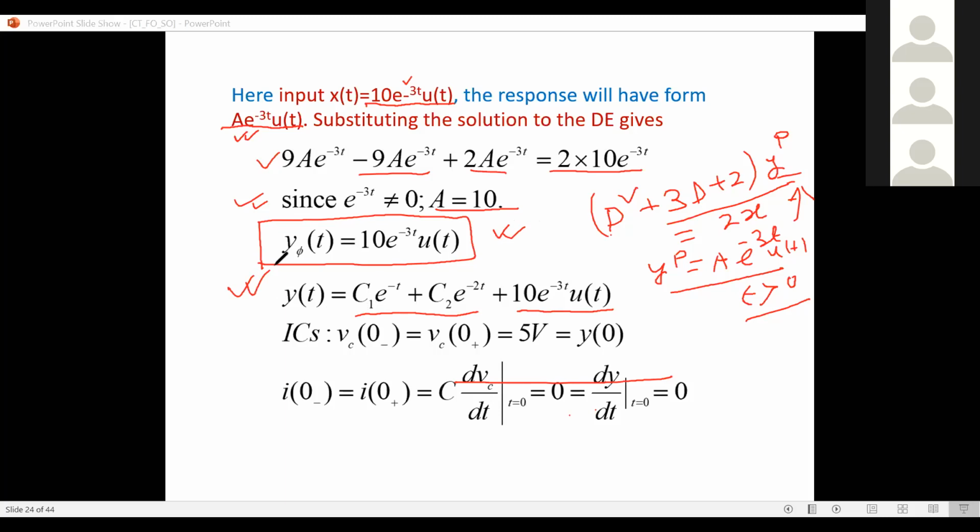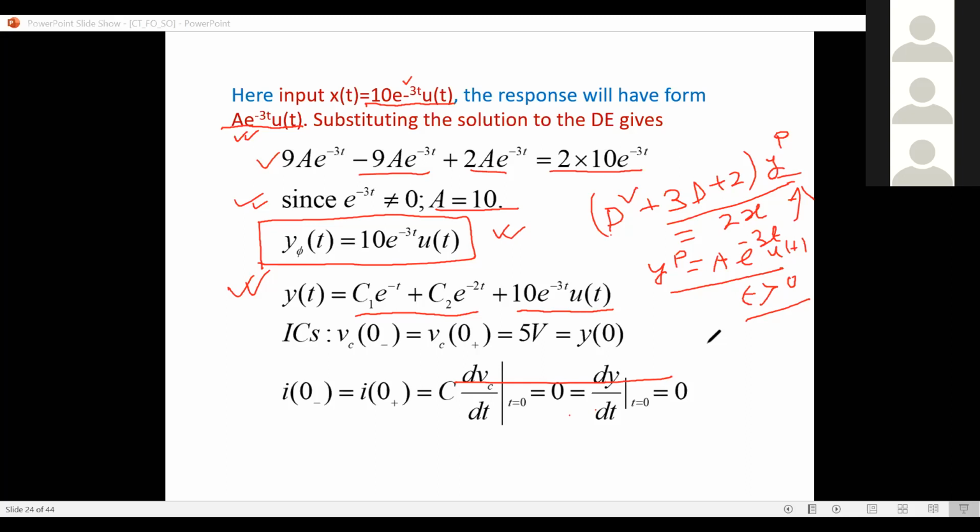The next thing is that you have to find C1 and C2. You apply your boundary conditions. Say your Vc(0-) is equal to Vc(0+), equal to 5 volts, and this will be equal to Y(0). And your current, for example, I(0-) would be equal to 0.